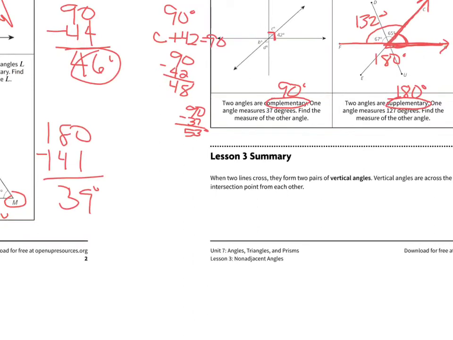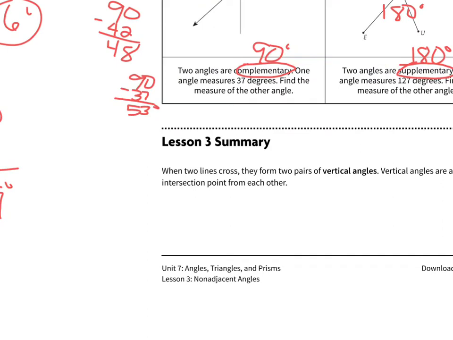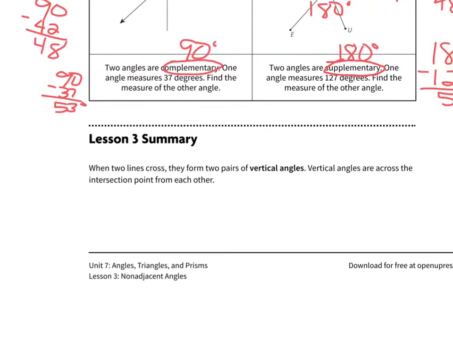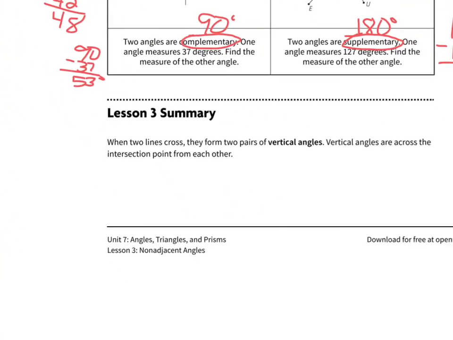So it says the summary, when two lines cross, they form vertical angles. Vertical angles are across from the intersection point from each other. So what that's saying is if I have two lines that cross, I have two pairs of vertical angles.